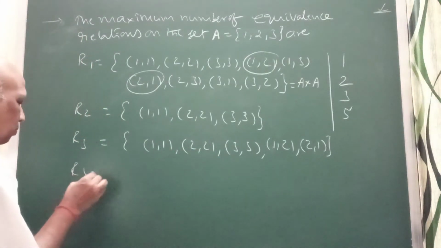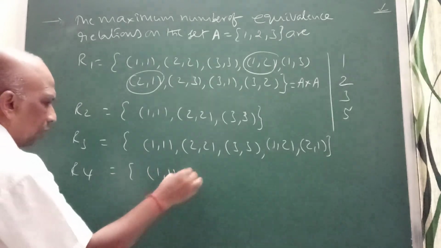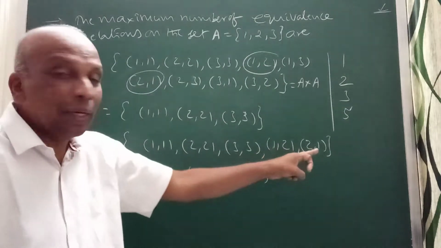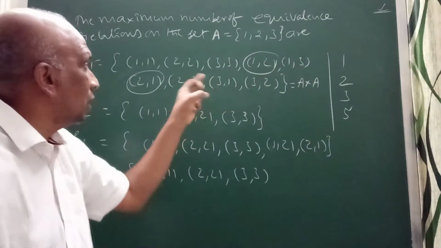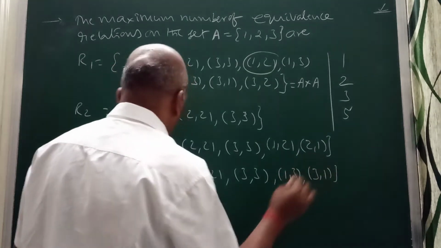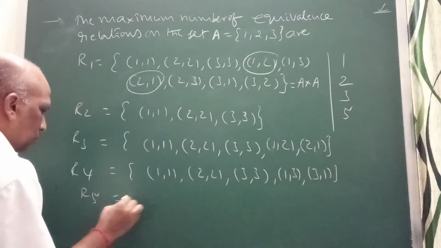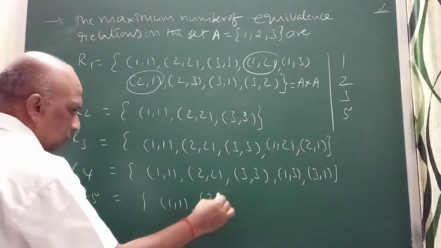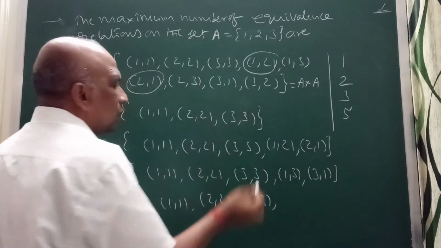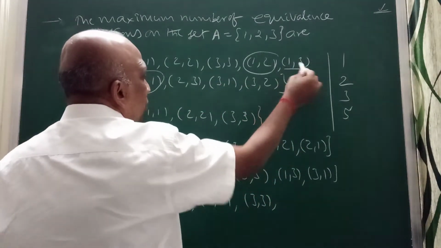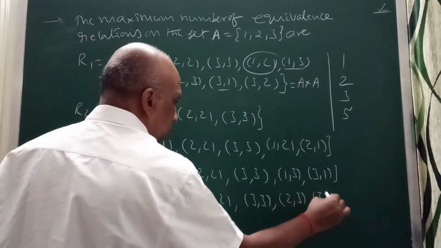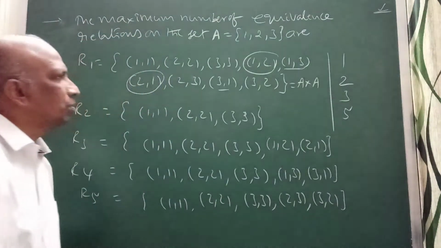Now R4. So (1,1), (2,2), (3,3) are required. When (1,2) is there, (2,1) is required, right? Similarly, when (1,3) is there, (3,1). Now R5. So (1,1), (2,2), (3,3), then (1,3), (3,1), and next (2,3), (3,2).